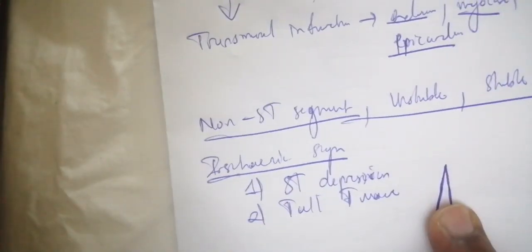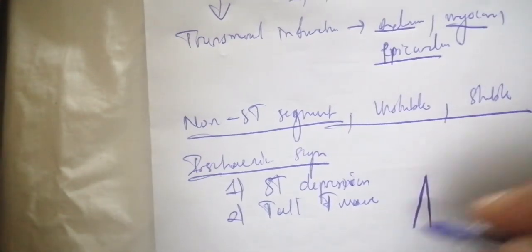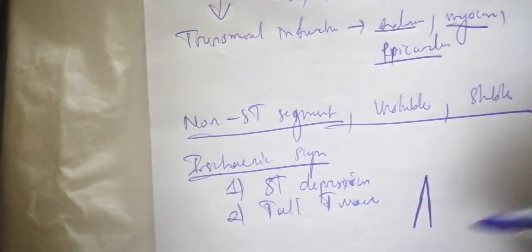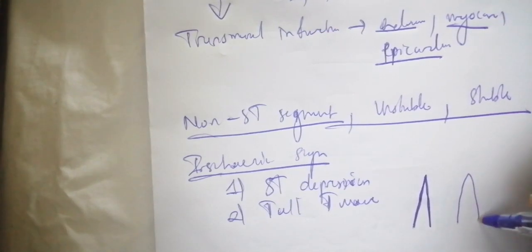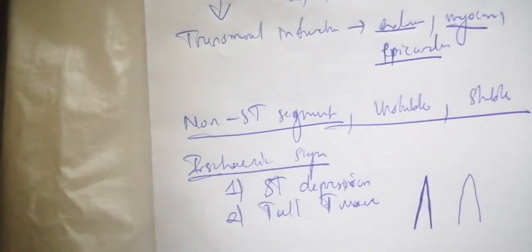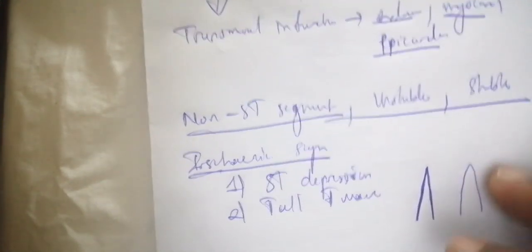In the case of ischemic signs it is just going to be tall. And the next point that distinguishes hyperkalemia from ischemic signs is that hyperkalemia is going to be a diffuse tall peaked T wave, while in ischemic signs it is just going to be localized into contiguous leads of a particular aspect of the heart that is affected.